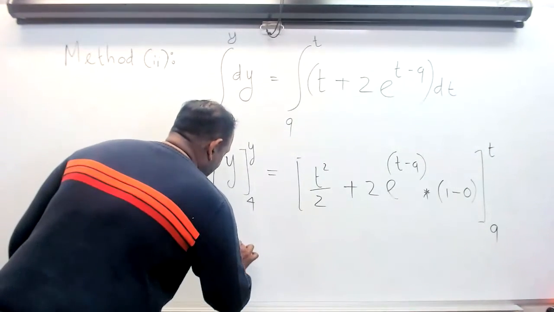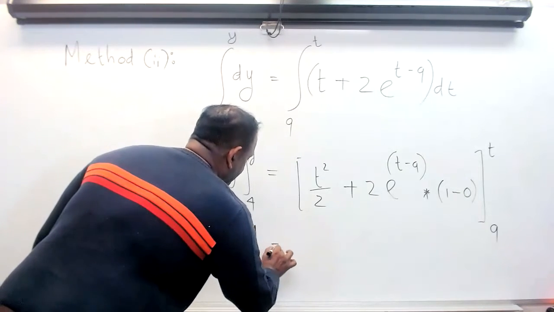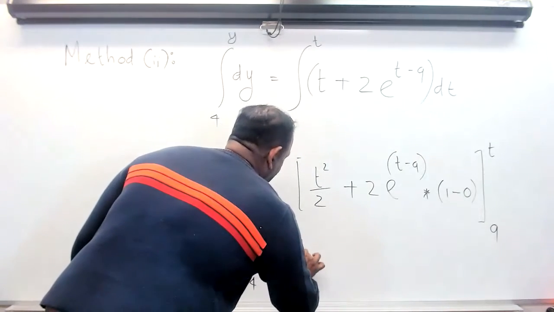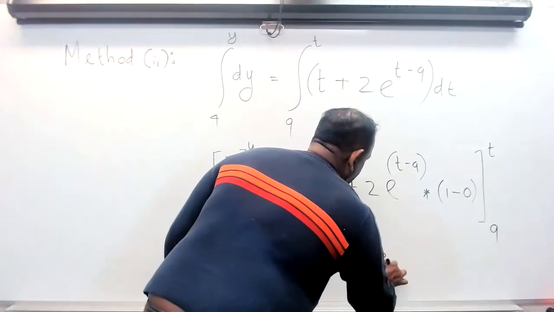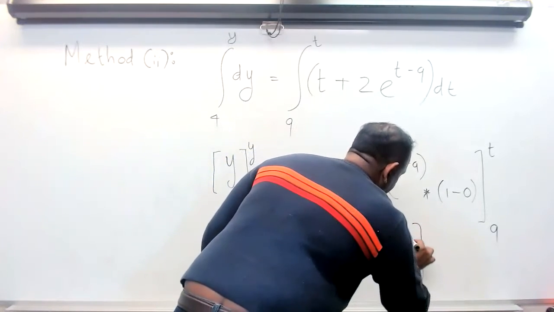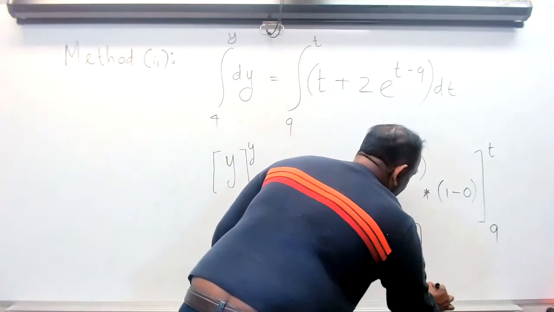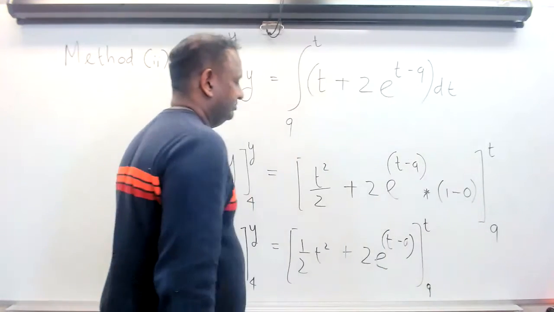Then we will rearrange this one. y goes from 4 to y. This one, 1/2 t squared + 2e^(t-9), goes from 9 to t.